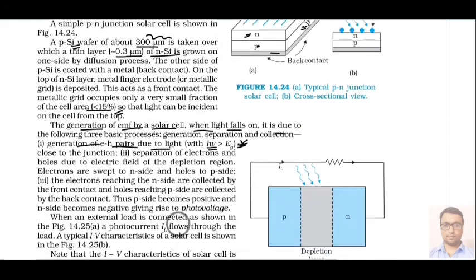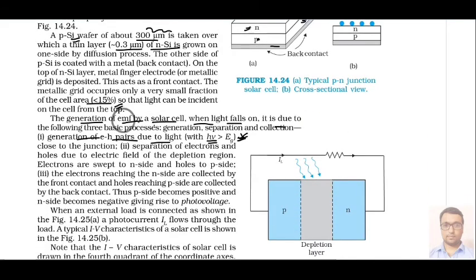For the second point, separation of electrons and holes will occur due to the electric field of the depletion region, which is developed due to diffusion of electrons and holes, and electrons are swept to the n side while holes are shifted towards the p side.